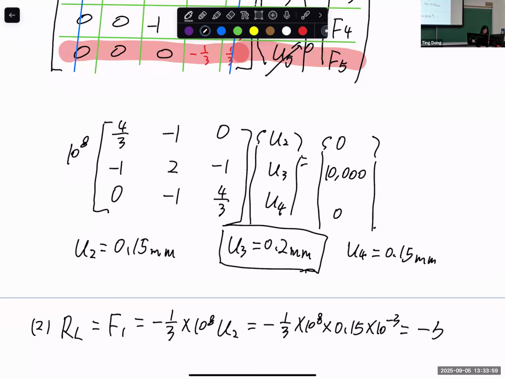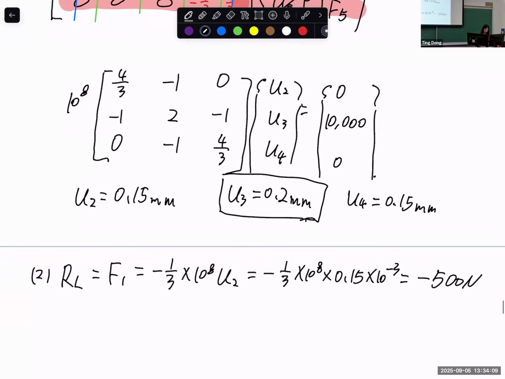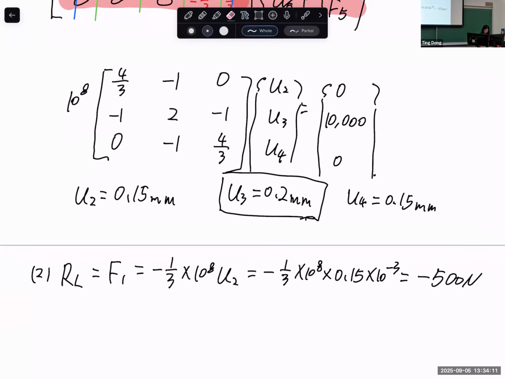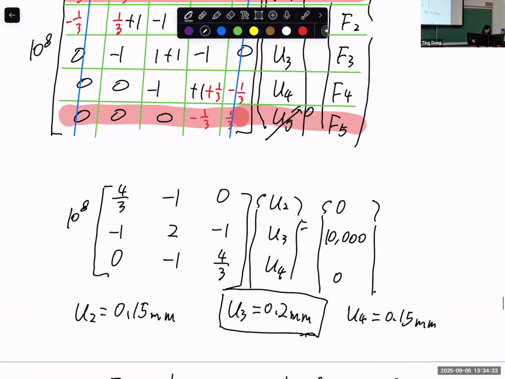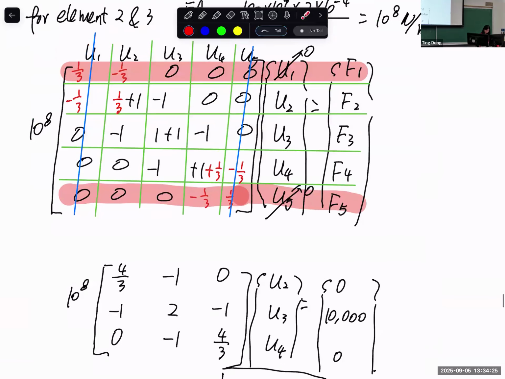So negative 5,000 Newton, it matched. Negative means to the left. 5,000 is half of the 10,000 we applied. Oh, 5,000, sorry, it's not 500. And similarly, the reaction force on the right side equals F5. Going back to our equation, you can see 0 U1, 0 U2, 0 U3, negative 1/3 U4, 1/3 0.